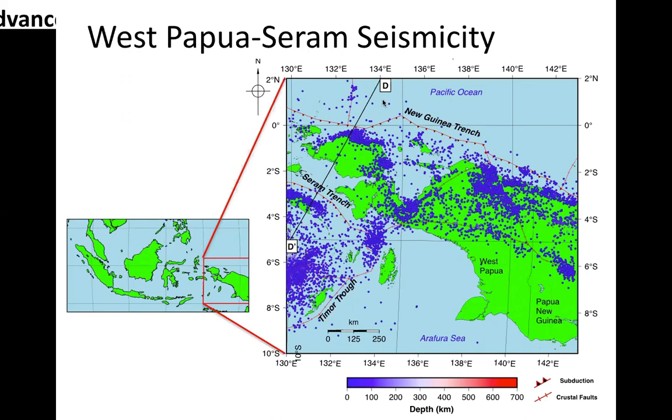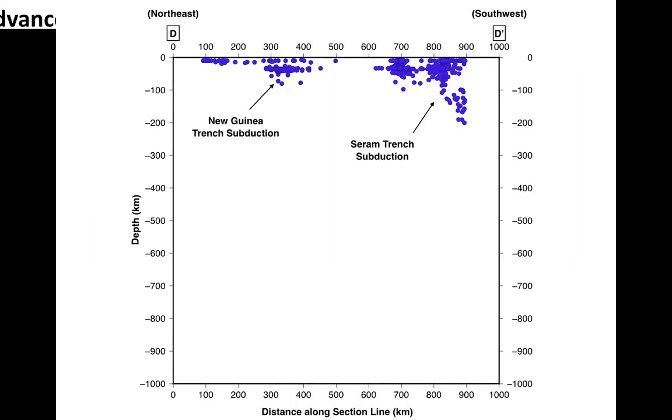So if we view these two subduction zones here in cross section along D prime, this is what we get. You can see in the New Guinea Trench, at the Bird's Head, the subduction is not very well defined, and is vaguely seen dipping to the south, only active to about 100 kilometers. There are no existing geometrical models for this area.